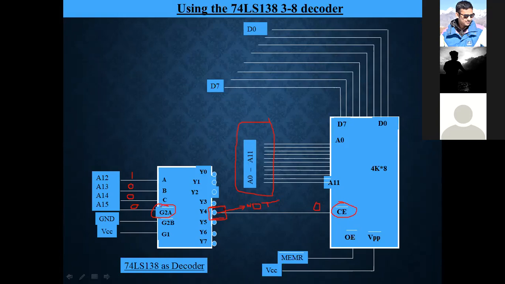So the minimum bit pattern will be all 0 and the maximum will be all 1. Okay. So what will be the address range?